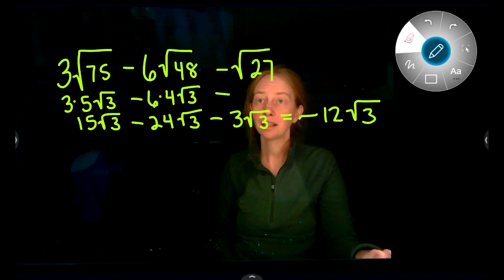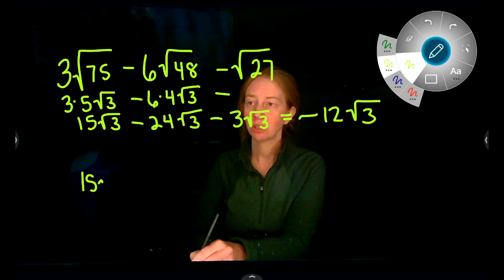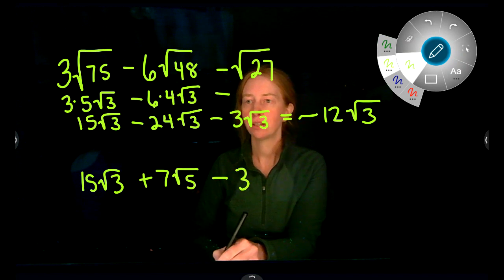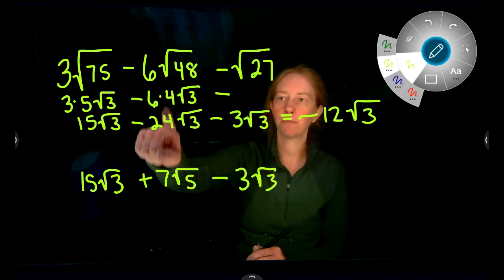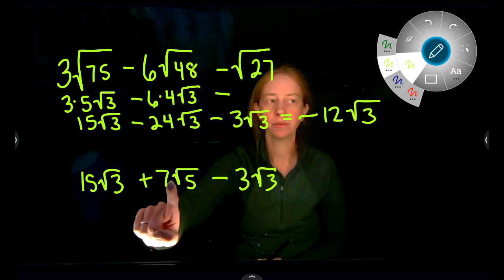One thing to know, though, is if I had something like 15 times the square root of 3 plus 7 square root of 5 minus 3 square root of 3. What if this was something entirely different? This is not a like term.